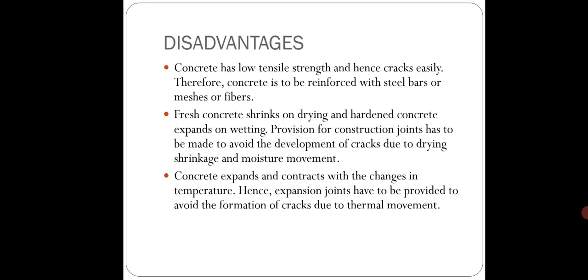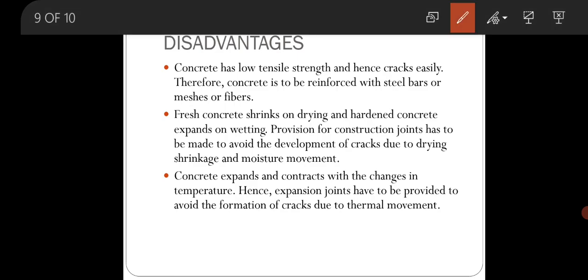Next is the disadvantages of concrete. The major disadvantage of concrete is it has low tensile strength. Therefore, it is used with steel bars. Second one is fresh concrete shrinks on drying.